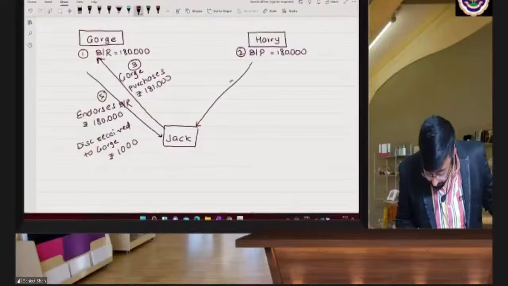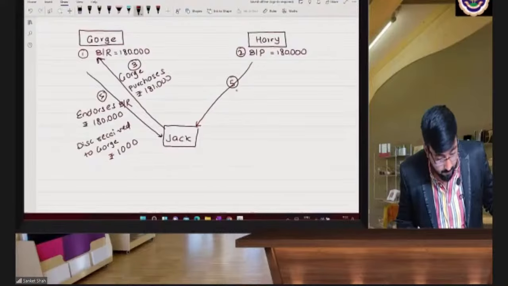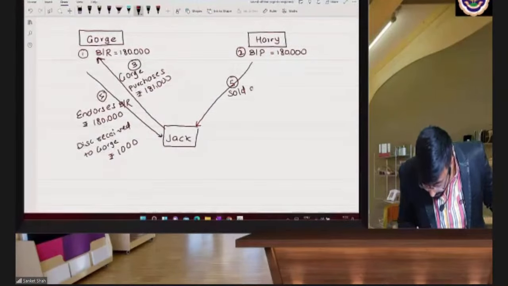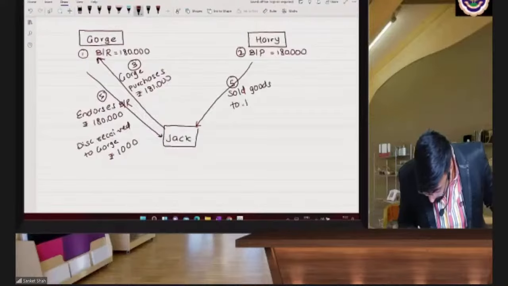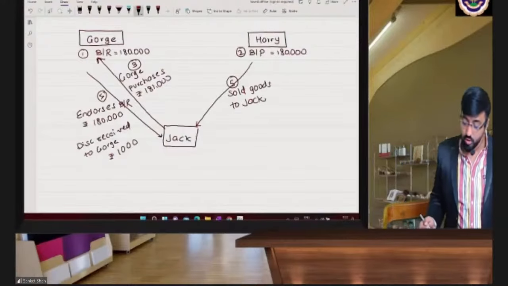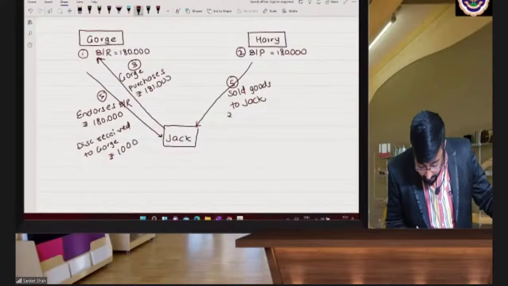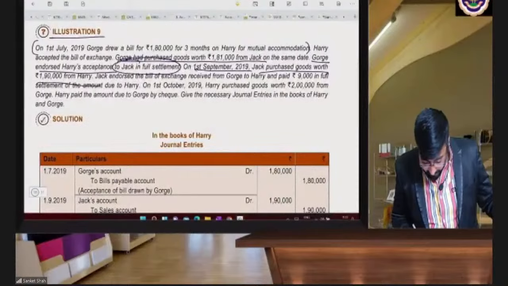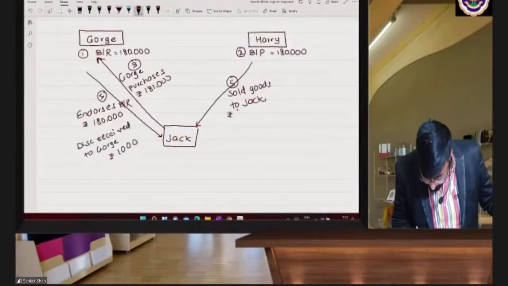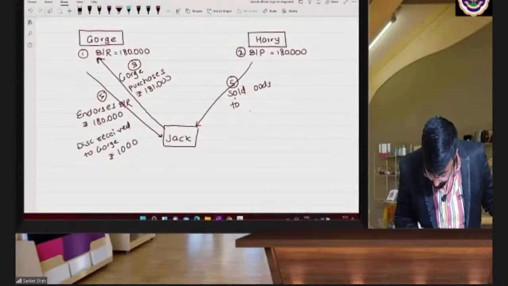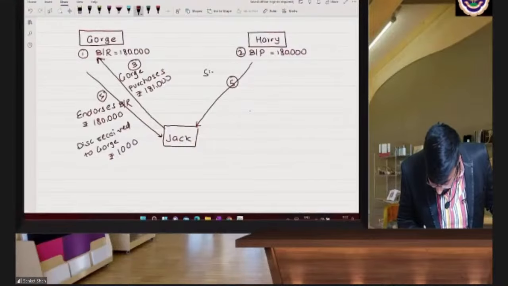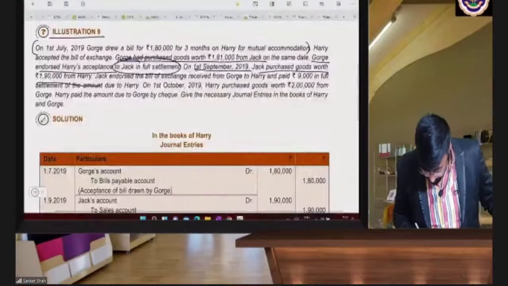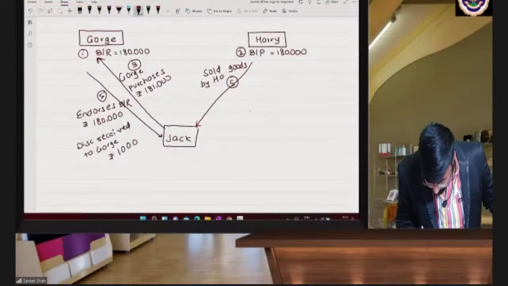So number 5, Harry sold goods to Jack, rupees 1,90,000. I will write this over here. Sold goods by Harry, rupees 1,90,000.